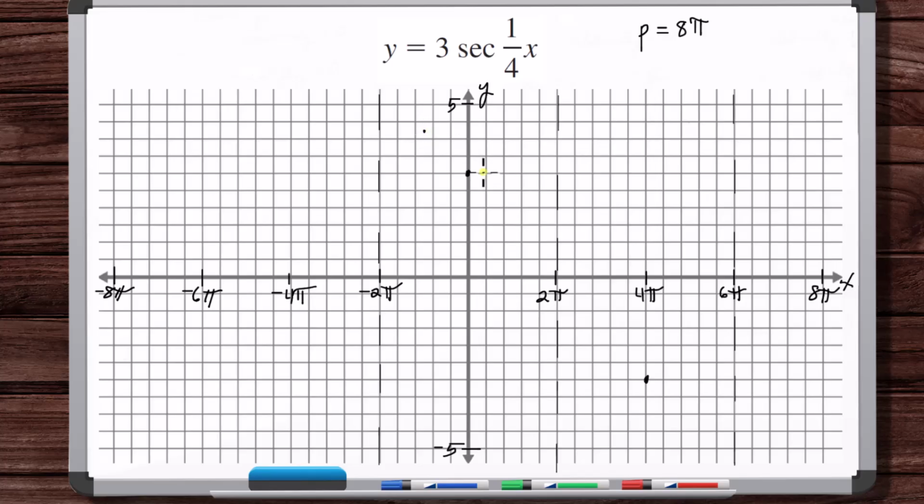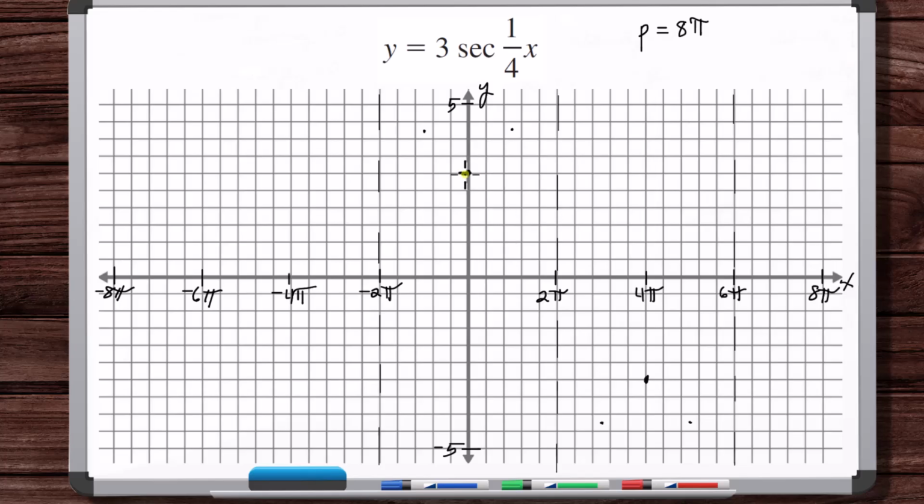Now it's symmetric, so we can just do it like this, and then it's the same shape down here. This was 2.5 tick marks. So we'll do 1, 2, 2.5. Okay, now we can draw the curve.